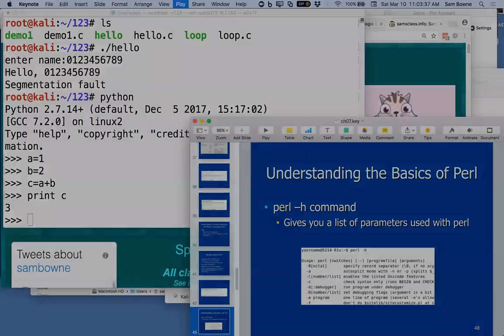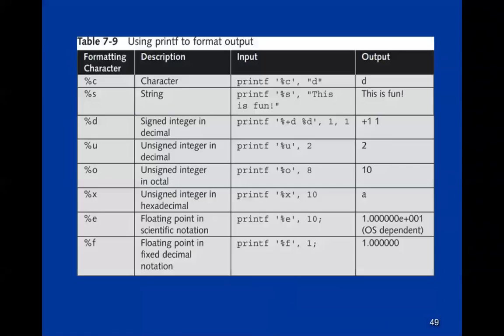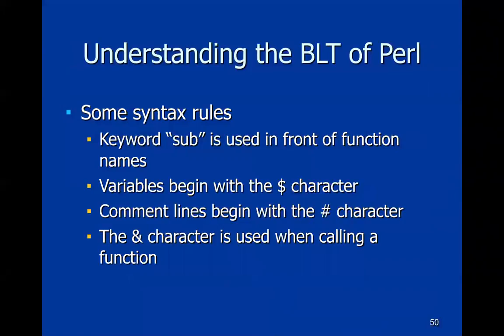So anyway, Perl is typically run interpreted, and you have the same kind of printf that you'd have in C with these format strings to tell it whether things are integers or characters or what they are. You put sub in front of function names. All variables start with a $ character, even though they're not money, which is kind of rude. Comment lines are with pounds, and you use an ampersand to call a function, which always gives me a headache.